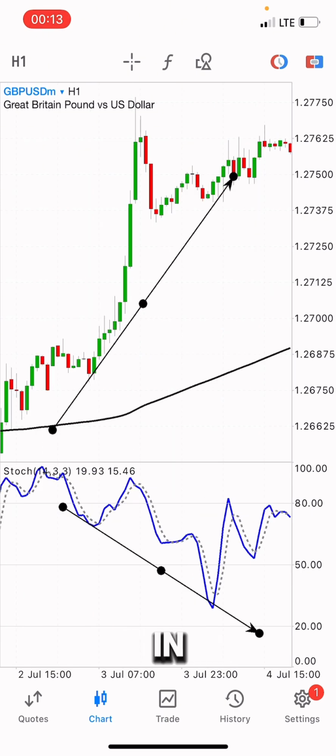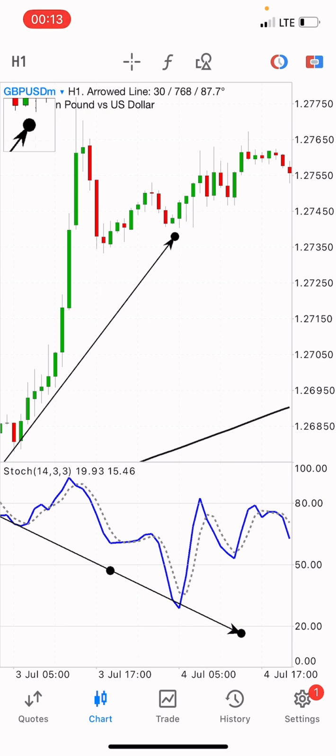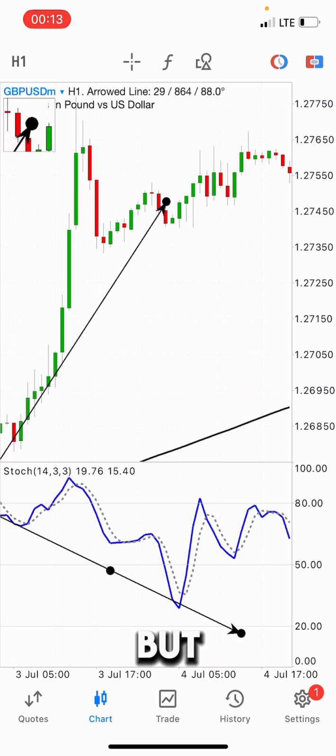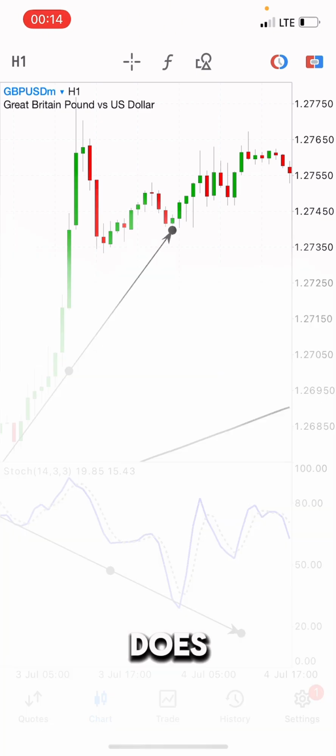And if you zoomed in very closely, you would have seen that this was a morning star. But it's very important for you to know what the candlestick does rather than cramming the name, because a lot of you cram the names but you don't know what it does.